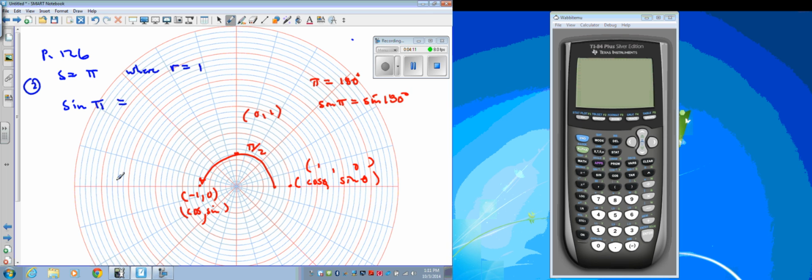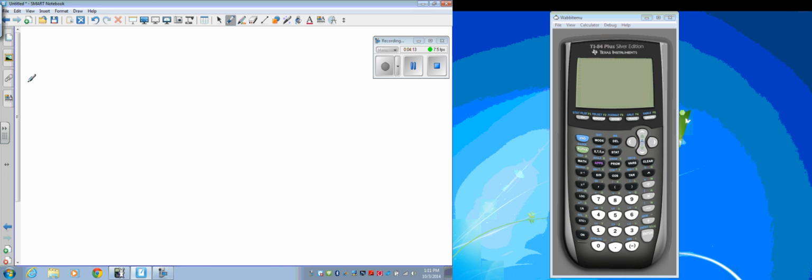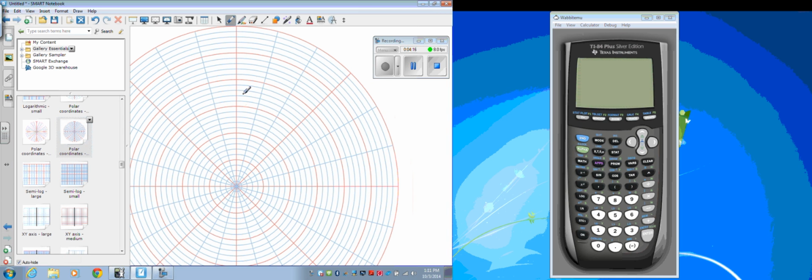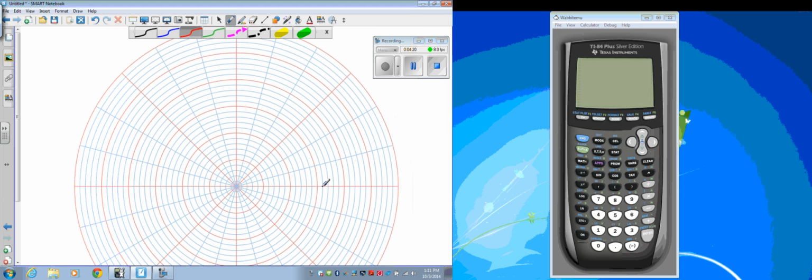Now, I'll just go around on the unit circle. If we call the unit circle 1 unit out, draw the thing. Let's just go out so we get wide enough. I'll go 4 units out.